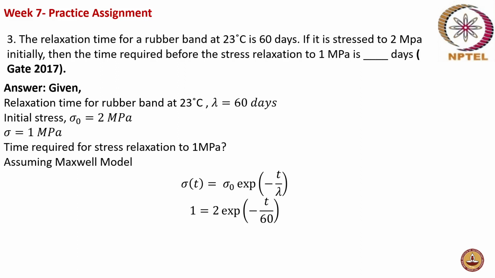Sigma at time t is 1, sigma naught is 2 and lambda is 60. Substituting the values, you will get t as approximately 41.6 days. This is again a GATE 2017 question.